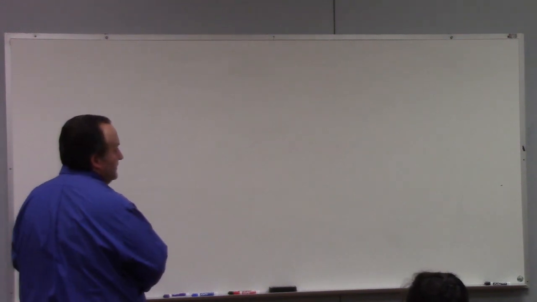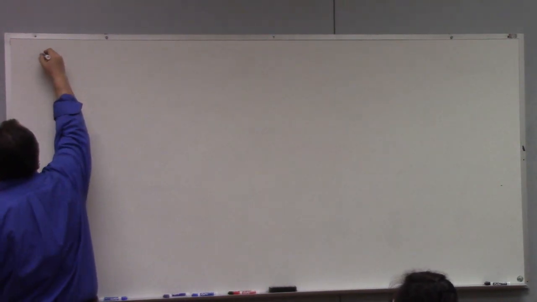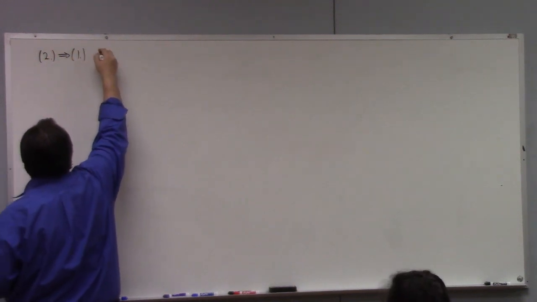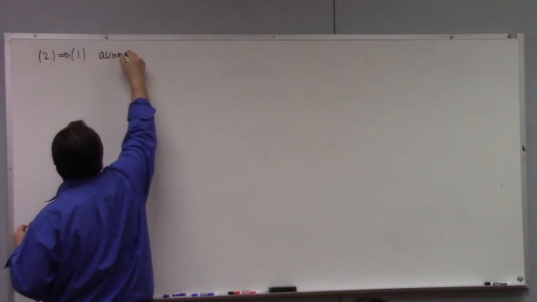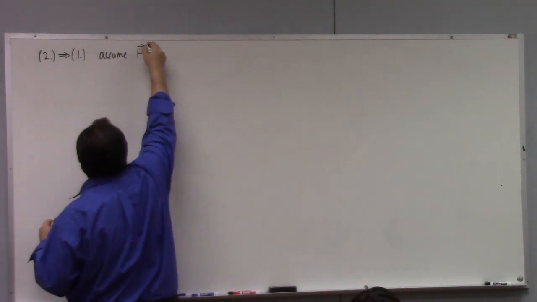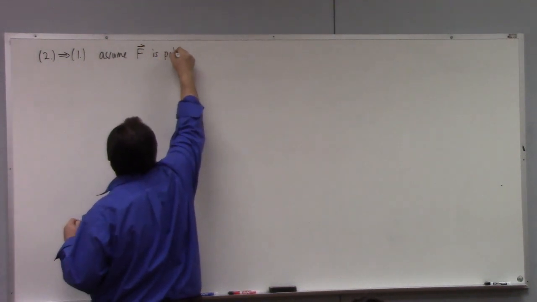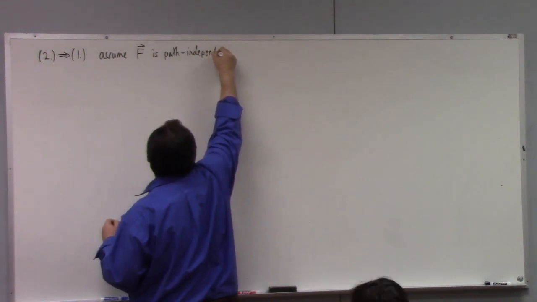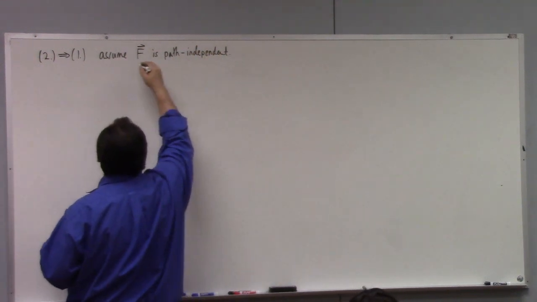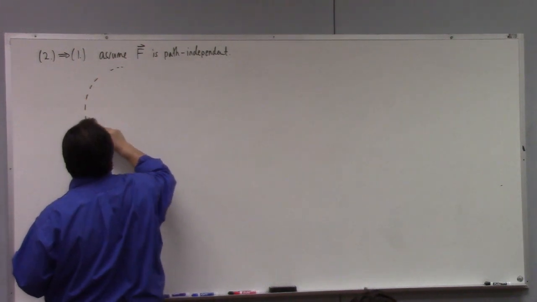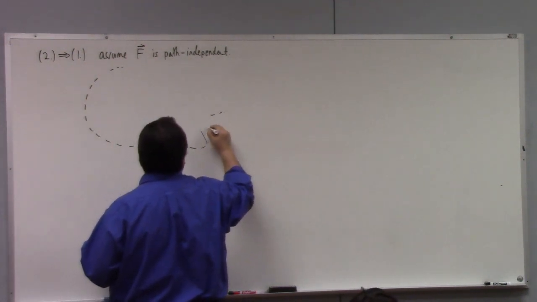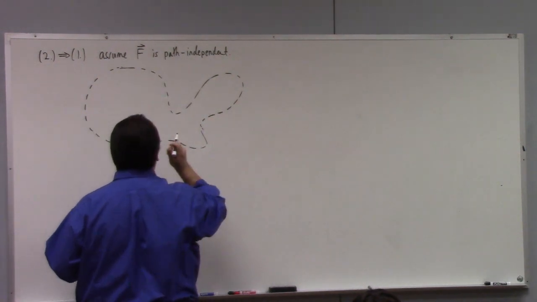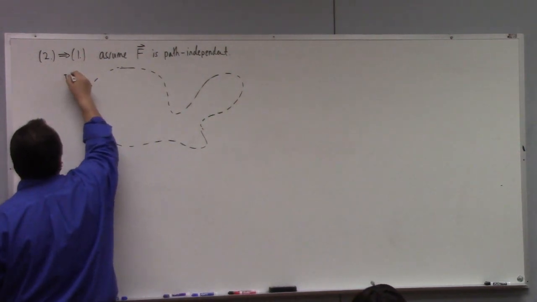All right, so we're going to assume f is path independent. All right, and so we need a kind of nice big old picture. Here's my picture of U. U is open.